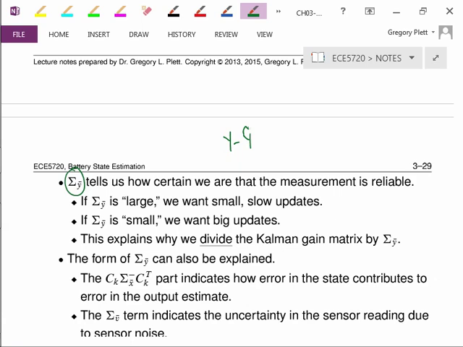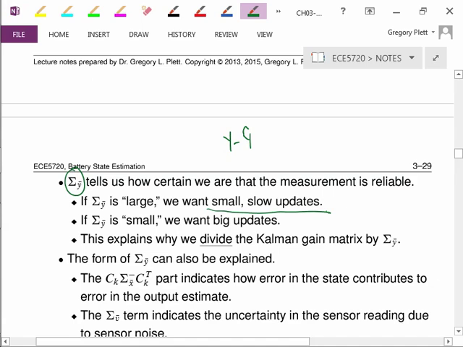So if sigma y is large, I really can't tell if the measurement error, the y tilde, is due to the fact that I'm not very certain about my state or because there was a lot of measurement error. So I want to be careful. If sigma y is large, I want to have small, slow updates until I can make sigma y smaller.